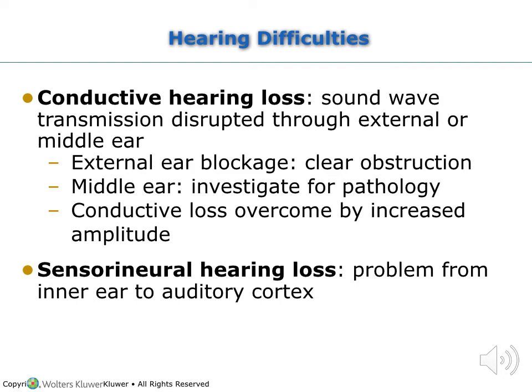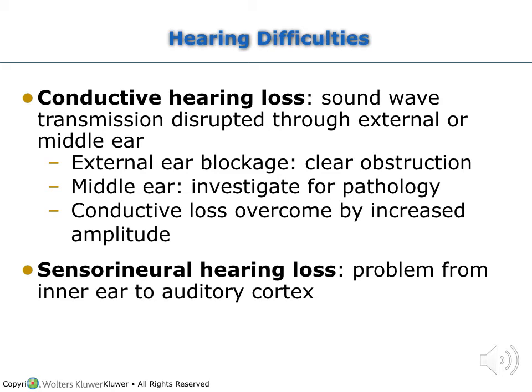Hearing loss is a problem that we would need to assess for when we're performing an assessment of ears and hearing. And there are 2 types of hearing loss: conductive hearing loss, which means that something is getting in the way of the transmission of the sound wave from where it originates to where it would be received in the inner ear.